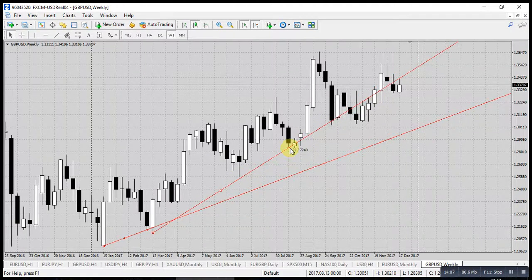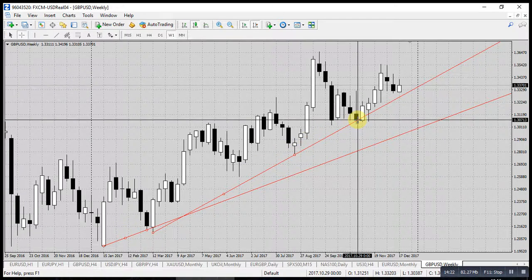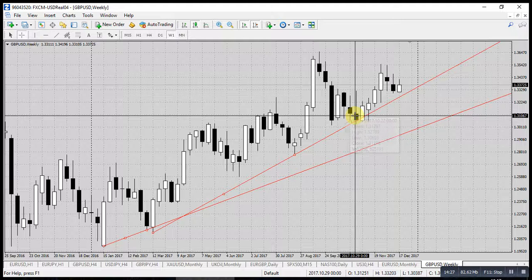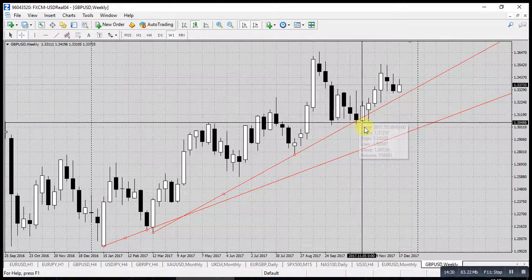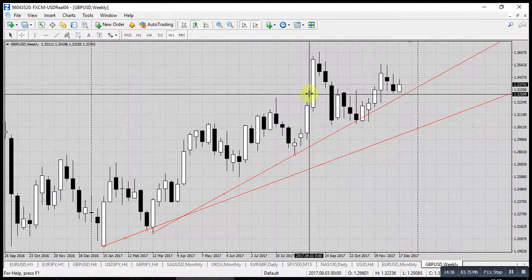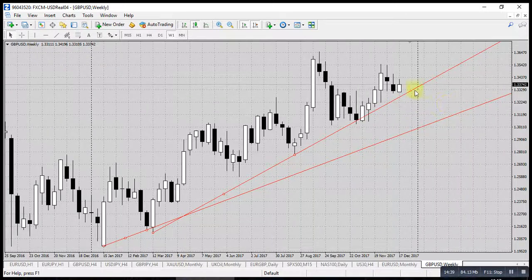Okay, so now what we see, if we would have drawn these two lines, the two dots, you can see which month? October. In October, you could have had a good chance to buy GBP/USD. So this one hasn't broken yet, guys. So you need to focus, still going up, still looking to go long.